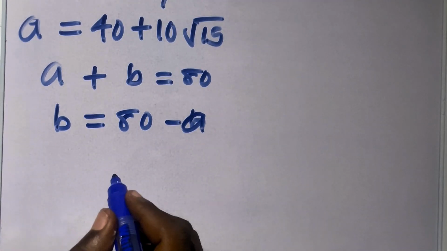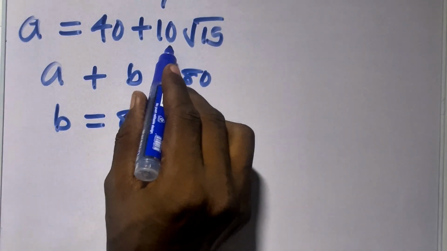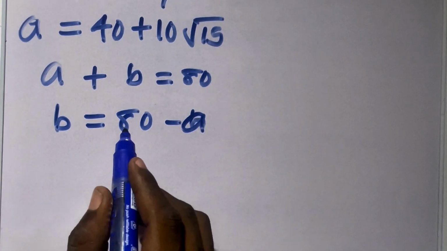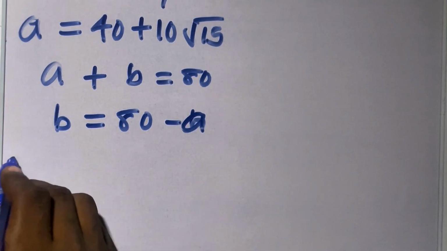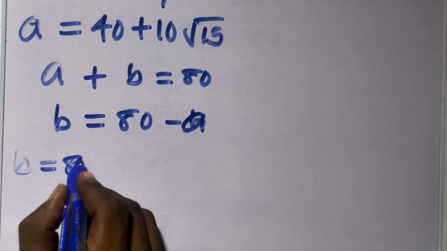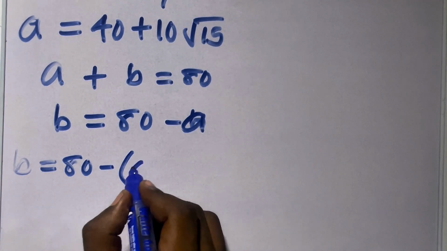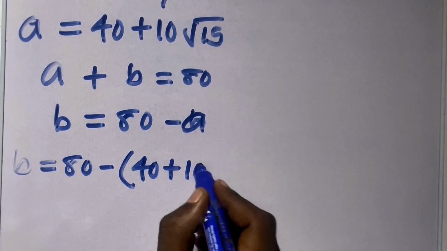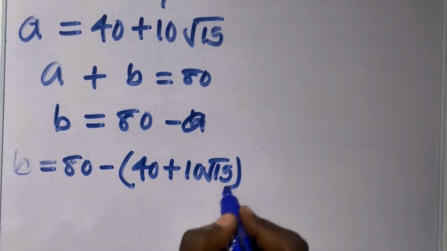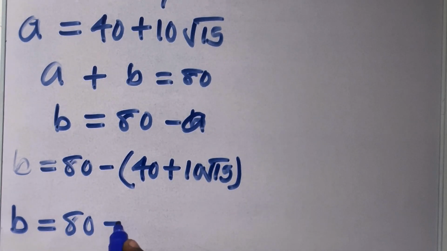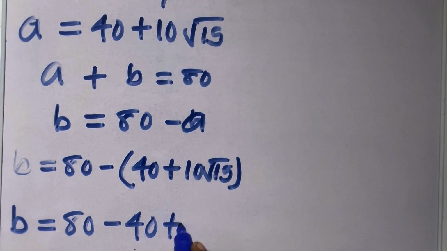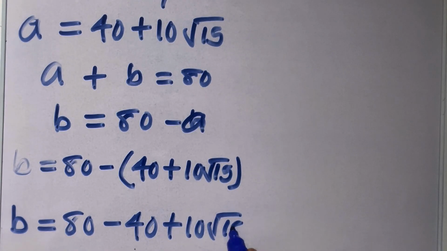We've gotten our a, so b equals 80 minus (40 plus 10 root 15).